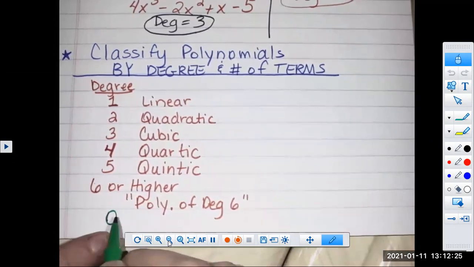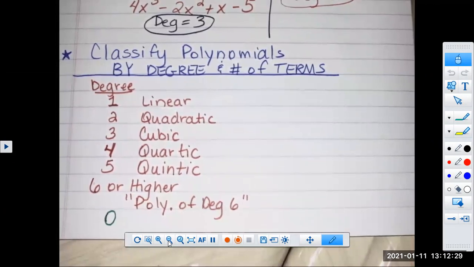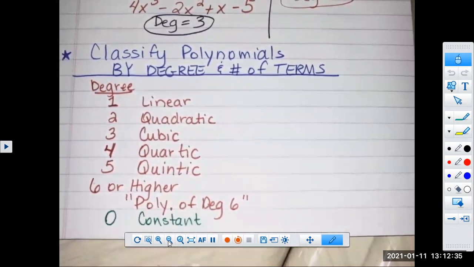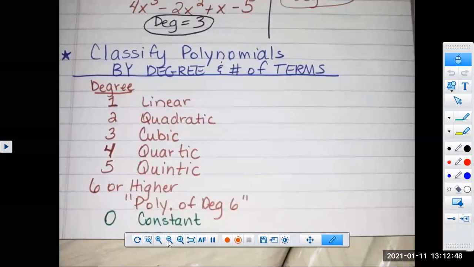So if you have a degree 0, that's when you're not going to see a variable in your polynomial at all. So it would be a constant, because it's just going to be a number. So the number 5 is a polynomial, or a constant polynomial with degree 0. It's kind of weird to think about it like that.